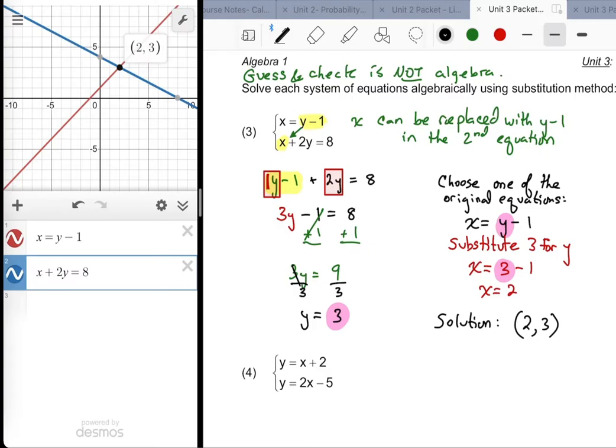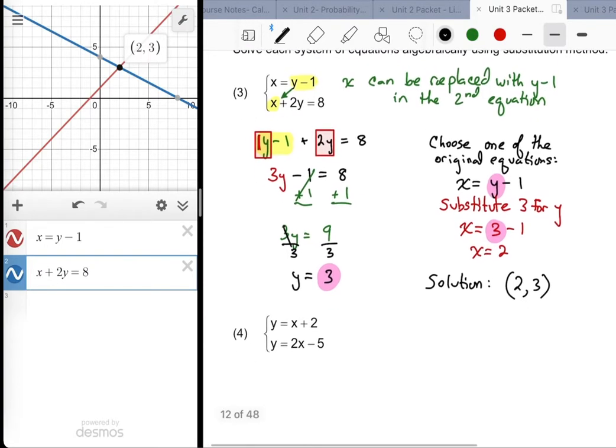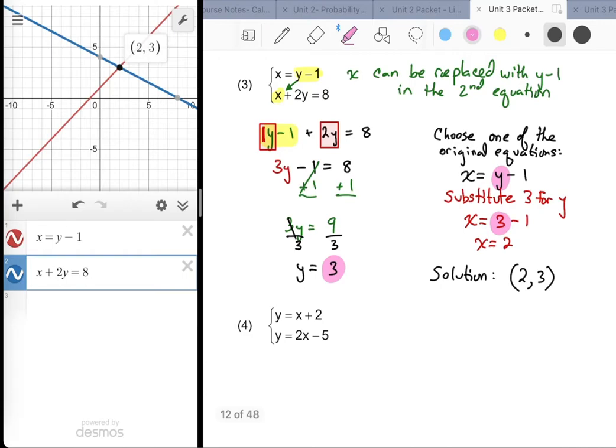Because if I tell you that x plus 2 is equal to y, and 2x minus 5 is equal to y, they're both equal to y, that means they're both equal to each other.